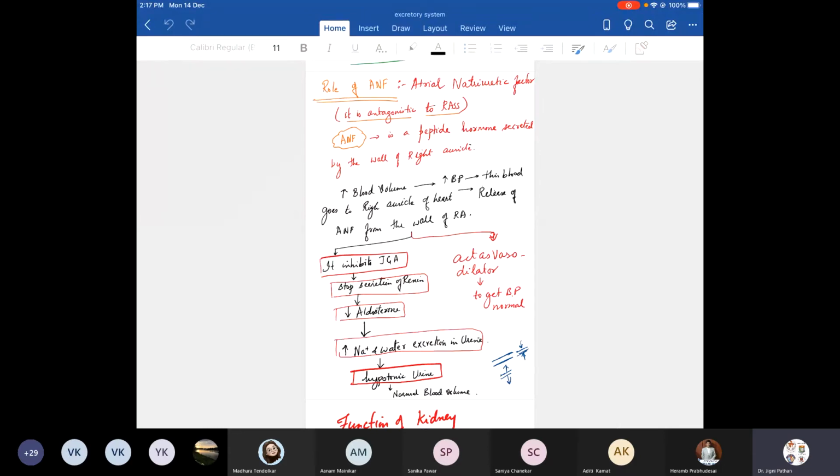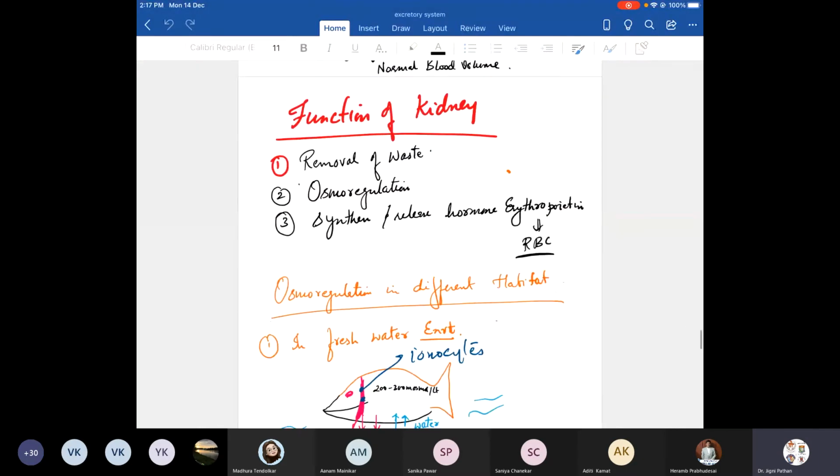Okay, now did you understand this? Any doubts? Now let's move to the function of kidney. The function of kidney involves removal of waste, osmoregulation, and synthesis or release of a hormone, that is erythropoietin. And you know that erythropoietin is a hormone released from the kidney that helps in the formation of RBCs, that is erythropoiesis. Do you agree with me?